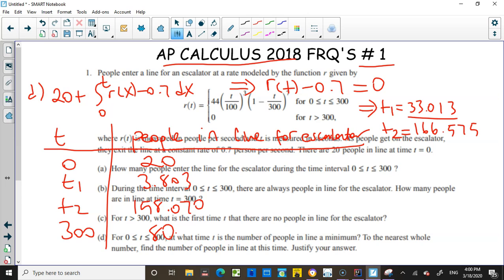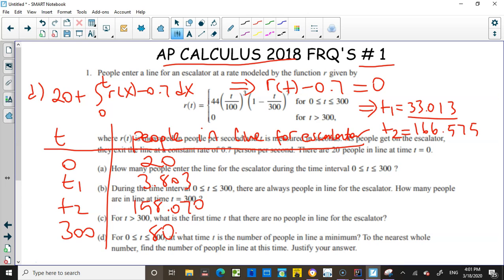We got this in part B. Since it says minimum, the number of people in line is a minimum at t equals 33.013. In part D, we focused on how to figure out the absolute minimum.